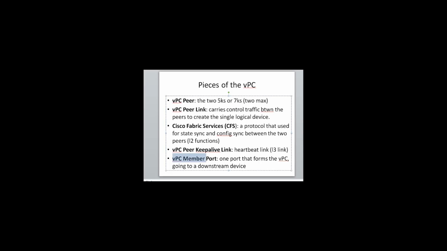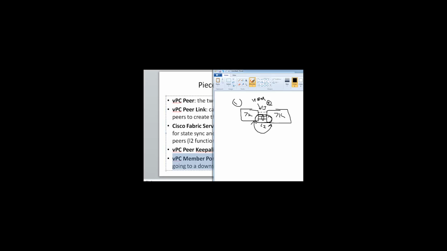And then VPC member port. This is what I mentioned earlier about if a VPC peer dies. If this guy catches on fire and he's gone, by default this is secondary and this is active. The active blows up and catches fire, and the secondary takes over the member ports, the ones going downstream. Member ports are the ones actively participating in VPC.